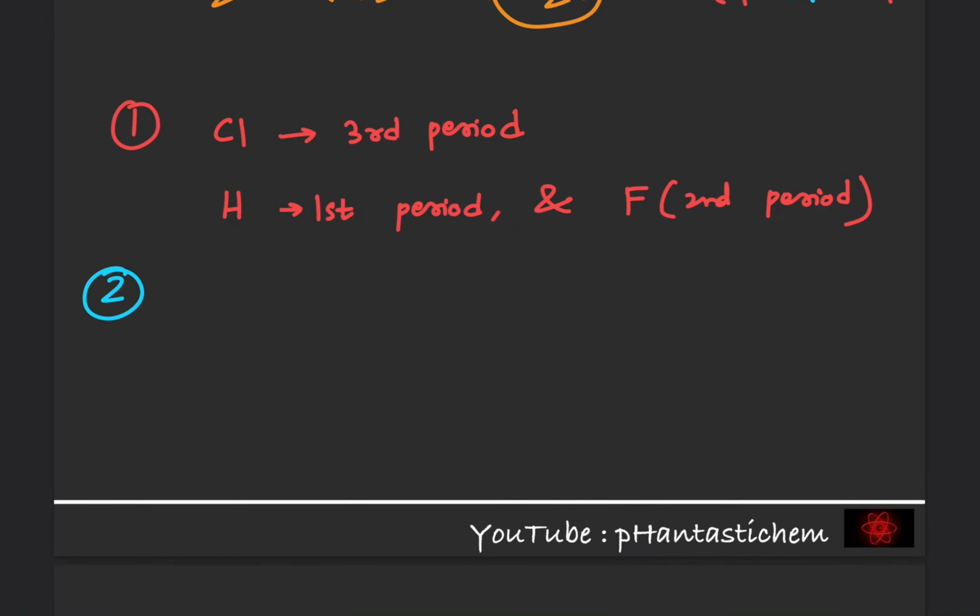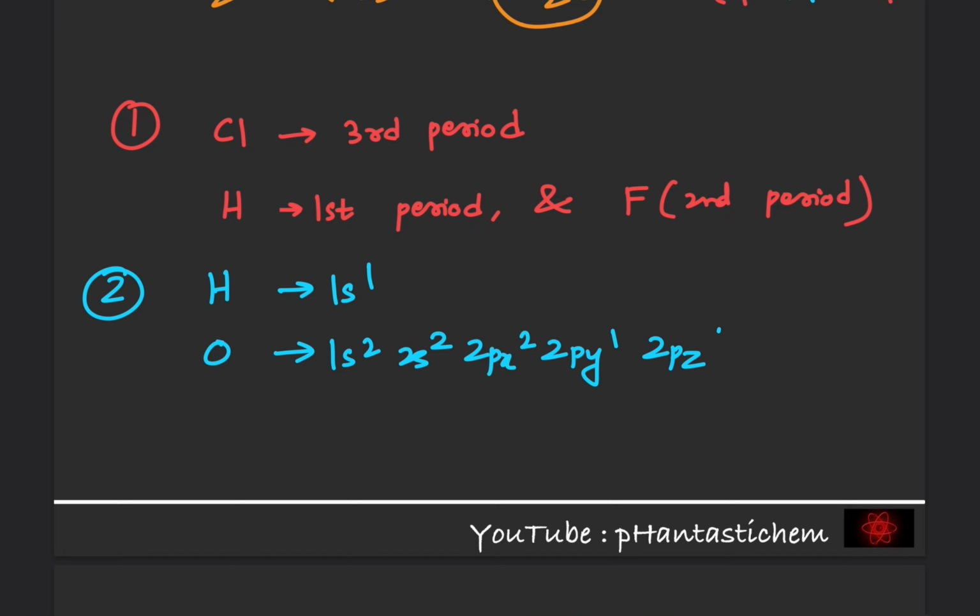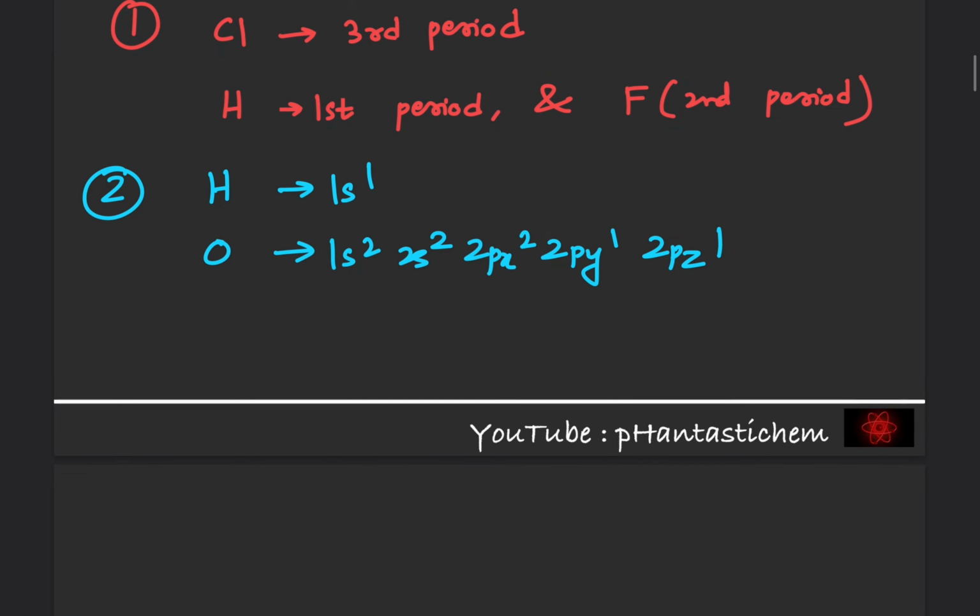let's write the configuration of every atom involved. Hydrogen is 1s1. Oxygen is 1s2, 2s2, 2px2, 2py1, 2pz1. For fluorine, it is 1s2, 2s2, 2px2, 2py2, 2pz1.